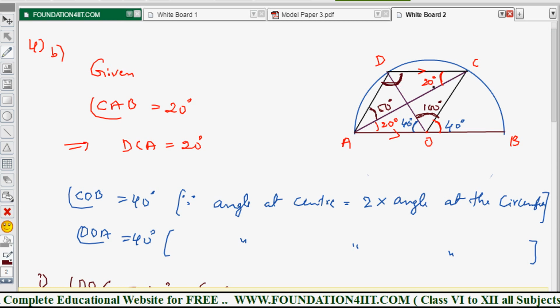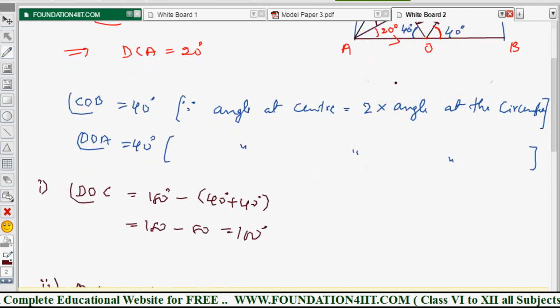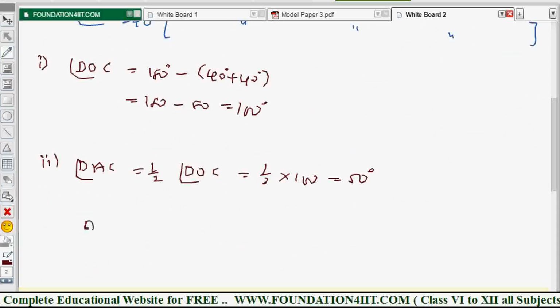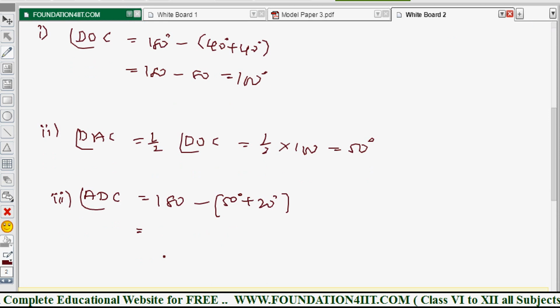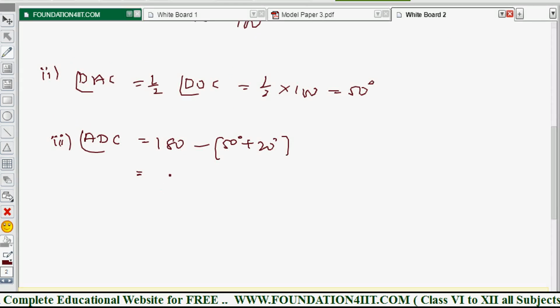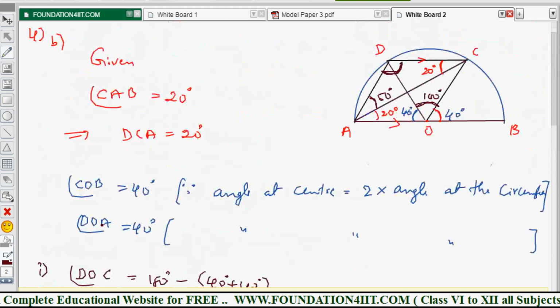So angle ADC equals 180 minus 50 minus 20, from triangle ADC. So 180 minus 70, that is 110 degrees. Very simple. So this is 110 degrees.